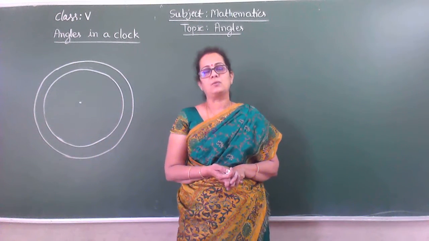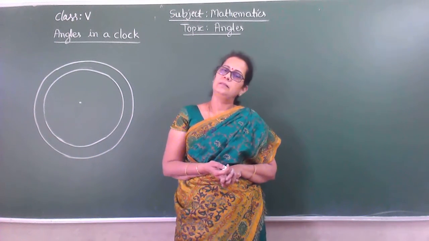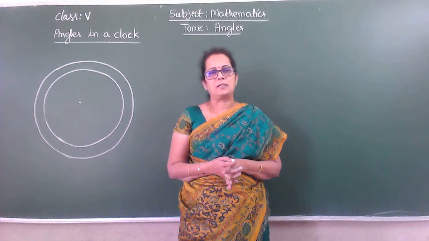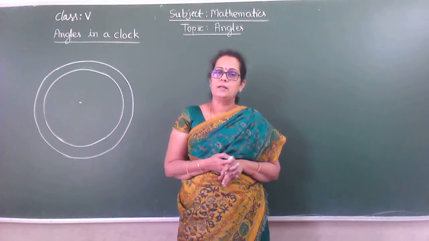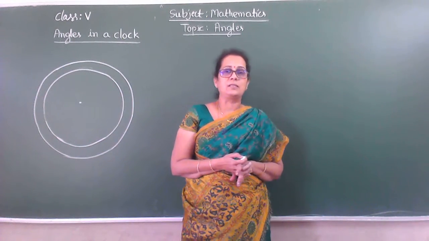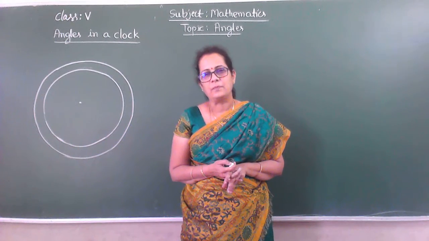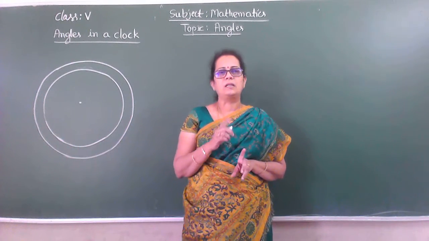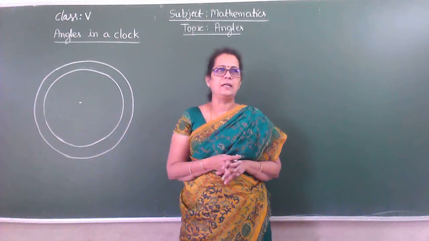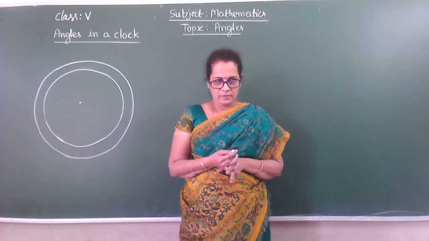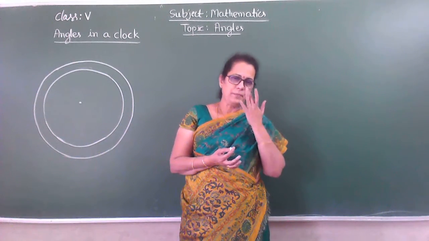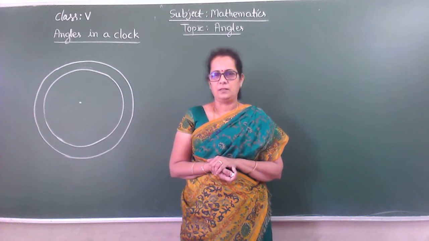If the angle is 180 degrees, then we call it a straight angle. Suppose the angle measures 360 degrees, then we call it one complete angle. We studied this in the previous class, isn't it?